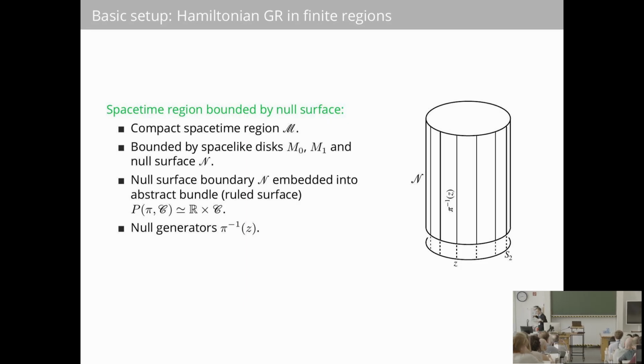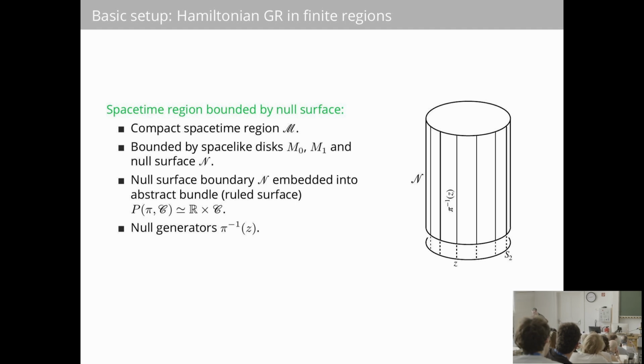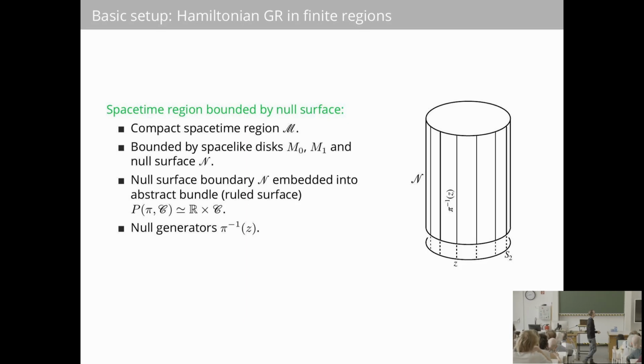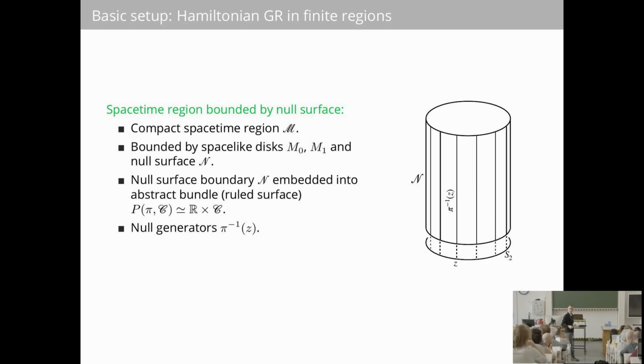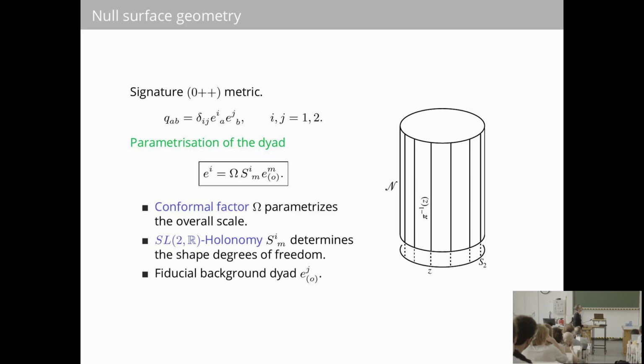In gravity, gravity is encoded into geometry. We want to do gravity on a null hypersurface, so we encode gravity into the null surface geometry. But light rays have zero length, so we have to deal with a metric that has one degenerate direction, one zero direction, which is of course the direction of these null generators.